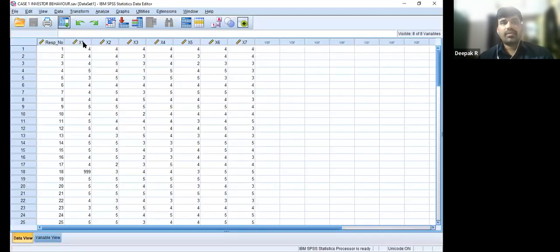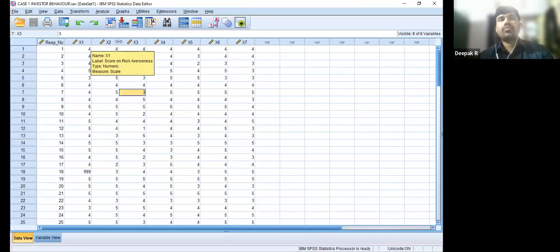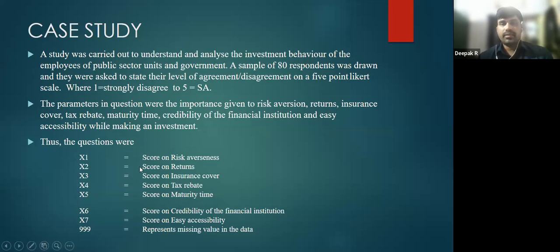Now in SPSS, all I required is their responses on key aspects, on a scale of 1 to 5. If I'm going for the Likert scale, I wanted their responses on risk averseness, returns, insurance covers, tax rebate, maturity, credibility, easy accessibility. And if there are any missing values, they have been designated as 999.